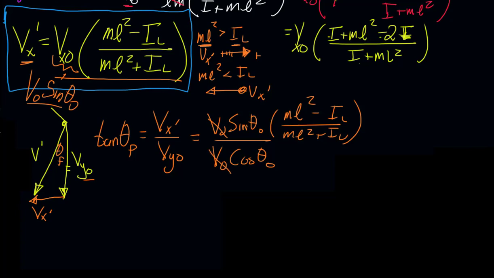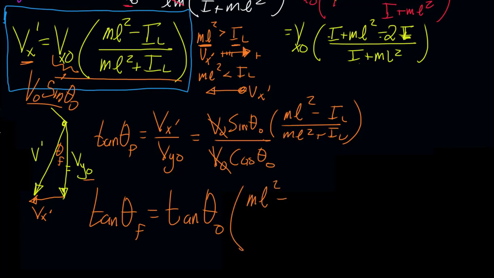Sine over cosine is tangent, so we get tan of theta final will be the tangent of theta original times ml² minus IL over ml² plus IL.